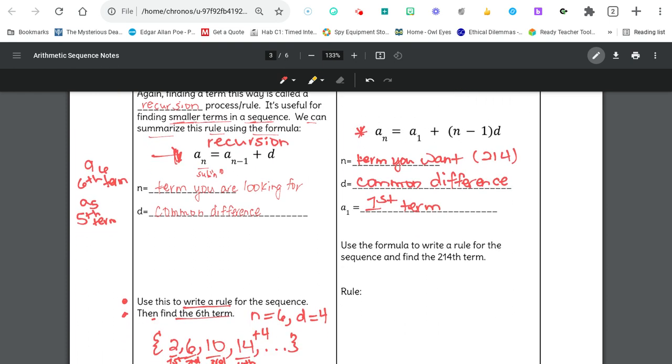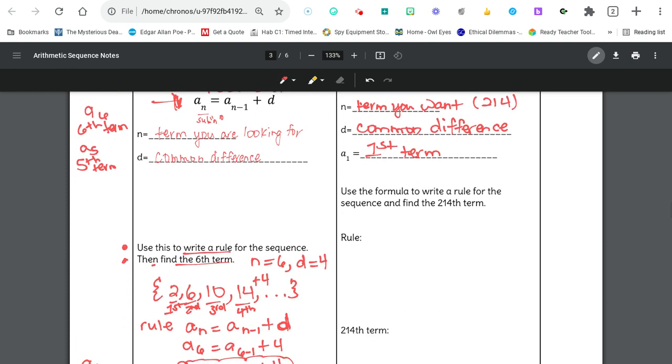So what we want to do is write a rule that will help us find the 214th term really easily. So we're going to write a formula or a rule. Use a formula, write a rule for the sequence.